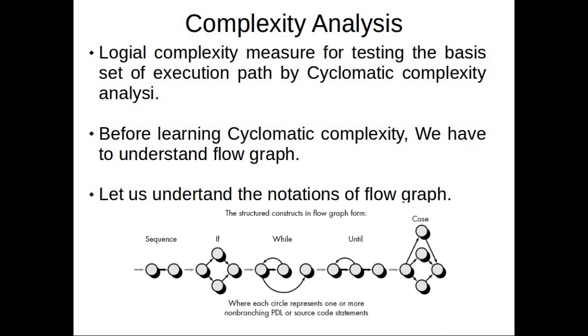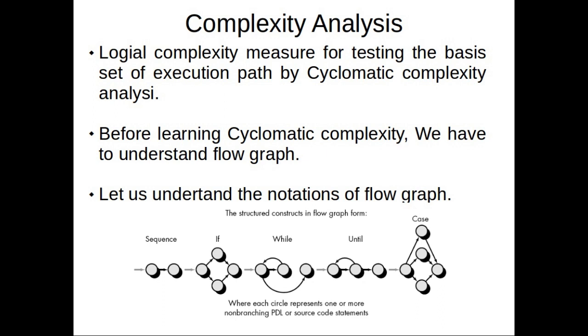Cyclomatic complexity is perhaps the most widely used measure for complexity analysis. To understand it, first we have to learn how to represent the program by a control flow graph. Simple notations for the representation of a control flow graph are shown here.